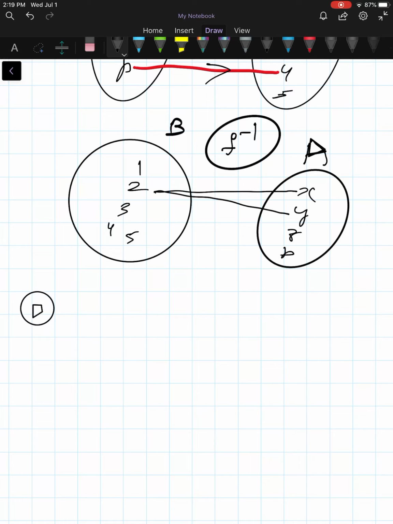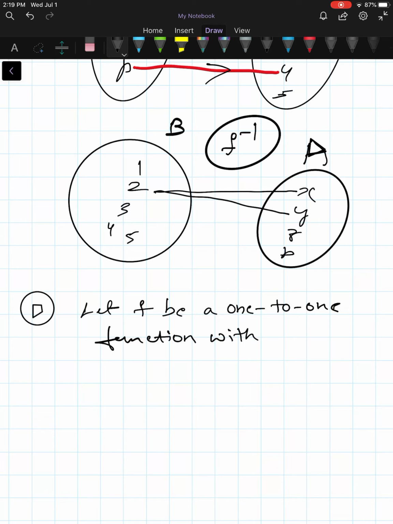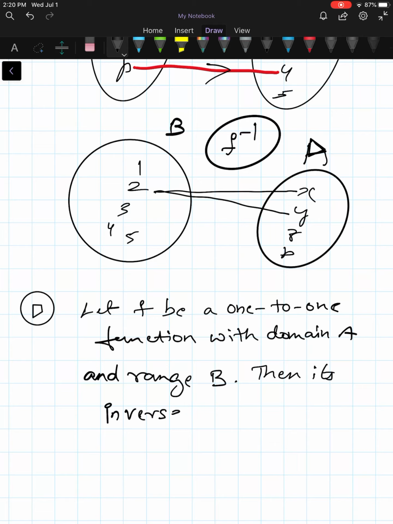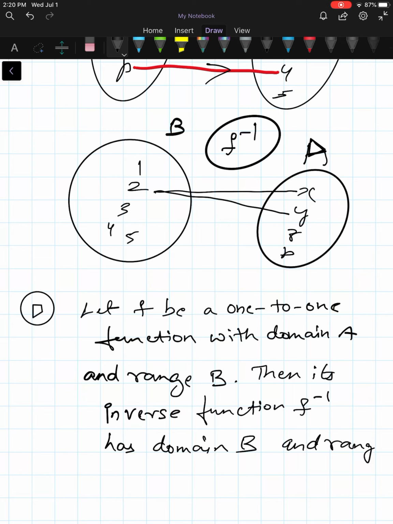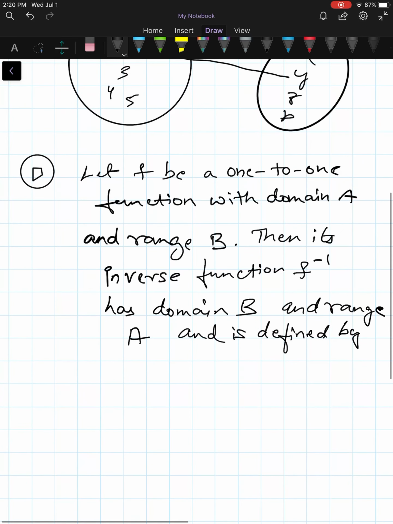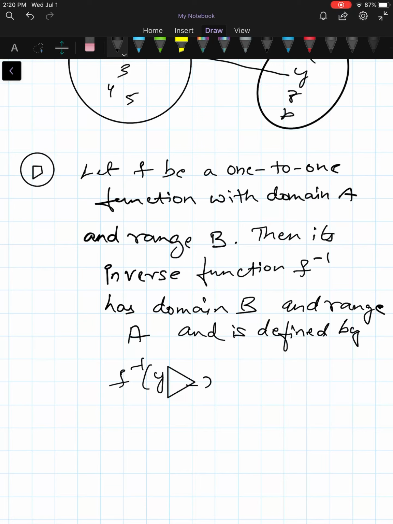Definition: let F be a one-to-one function with domain A and range B. Then its inverse function F inverse has domain B, as I explained earlier, and range A, and is defined by F inverse of Y is equal to X if and only if F of X is equal to Y.